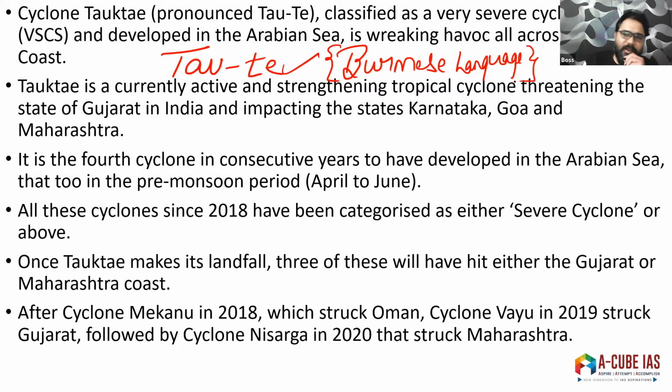This name was given by Myanmar, and the word Tauktae in Burmese means a gecko lizard. So, Cyclone Tauktae is classified as a very severe cyclonic storm.